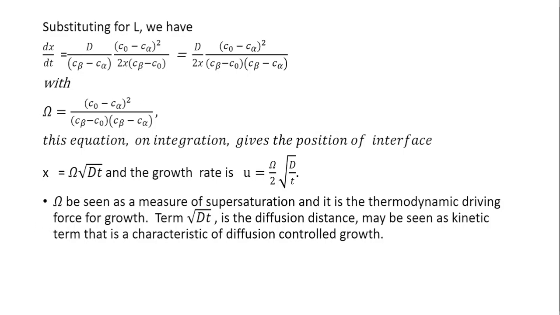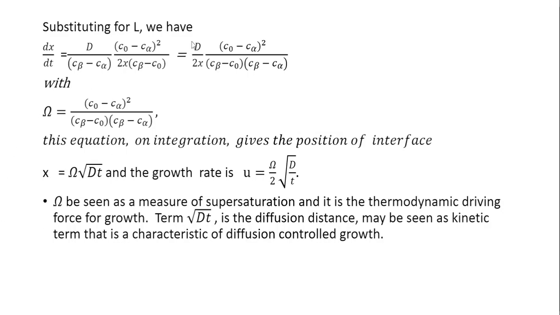Rewritten, this is D over 2x multiplied by, in the numerator, (C0 minus C alpha) whole squared, and in the denominator (C beta minus C0) and (C beta minus C alpha).